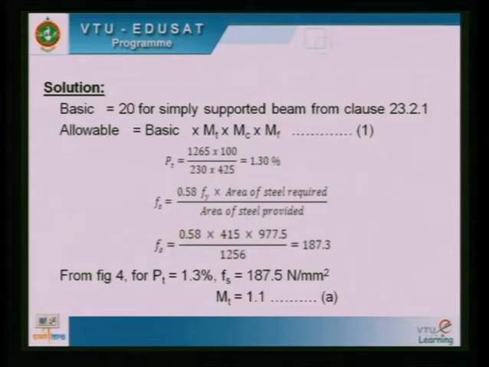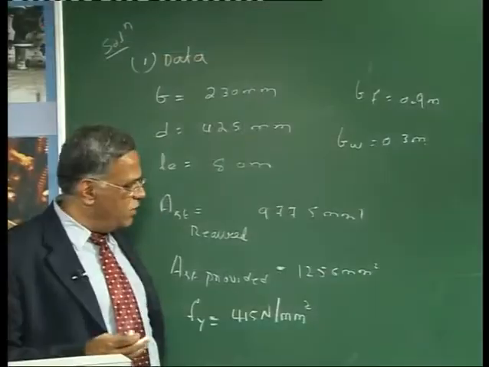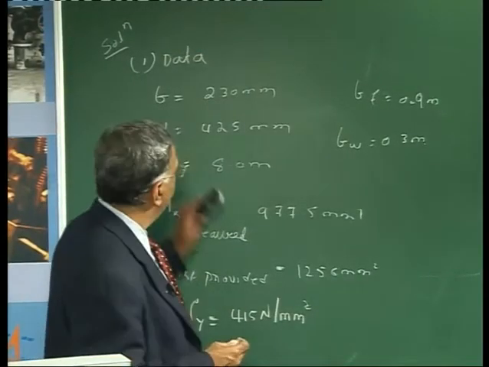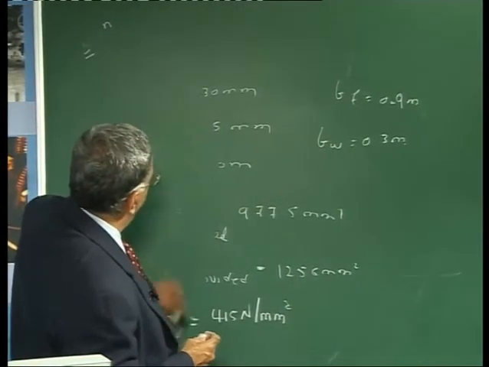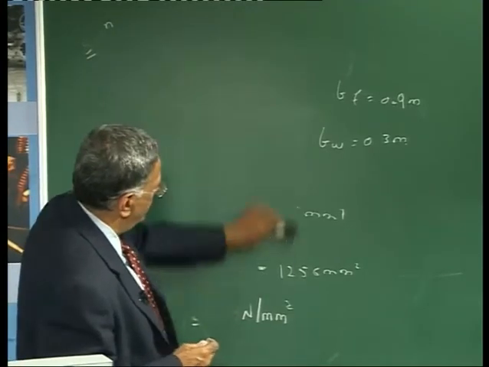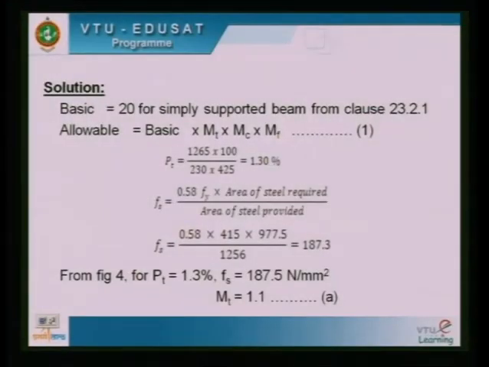In the next step you are going to calculate the value of the allowable L/D ratio. With whatever data you have, you are going to calculate the allowable L/D ratio. Already in the previous class I have explained the method of calculating the allowable L/D.